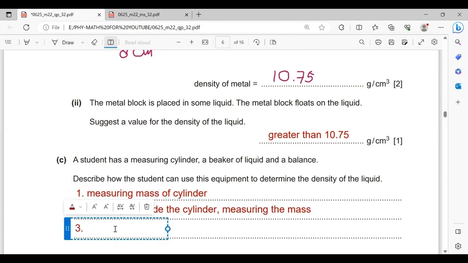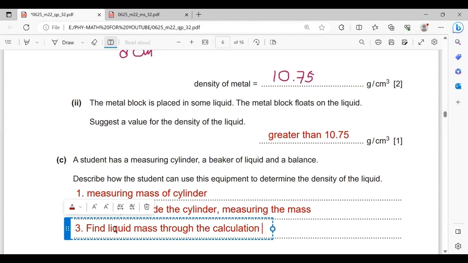Thirdly, find the liquid mass through the calculation or formula.